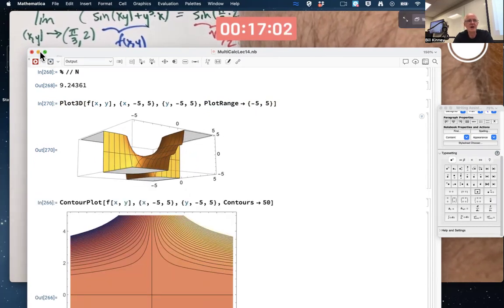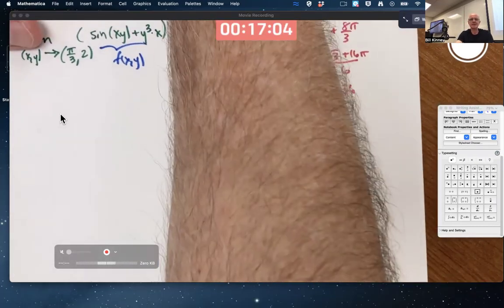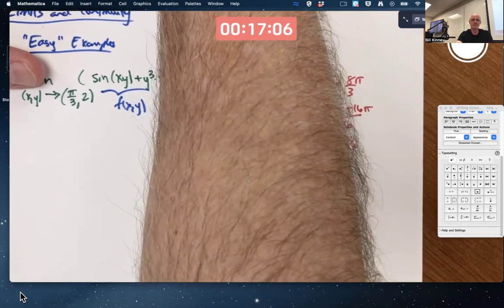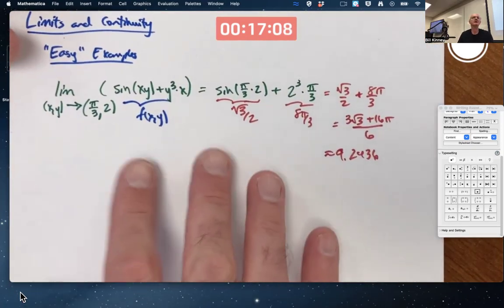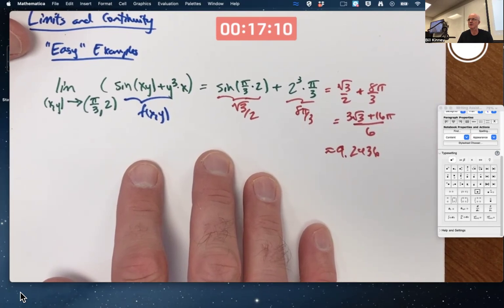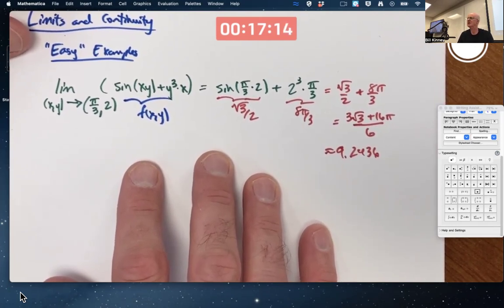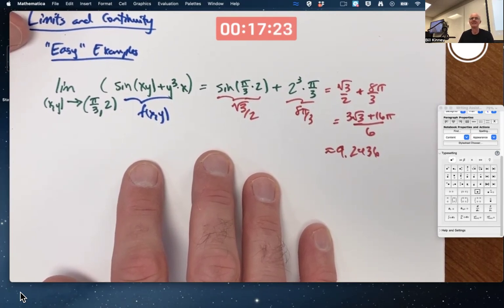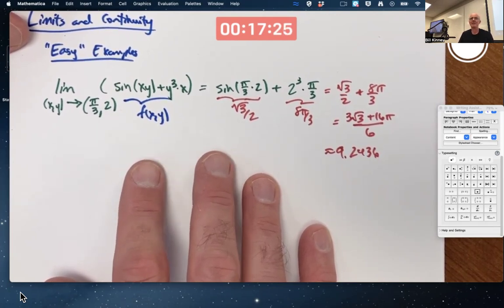So that's an example of a relatively easy limit that you can compute just by substitution. What official property are we using to allow us to compute this by substitution? Does anybody know the name of it? Starts with a C. What's the official property?